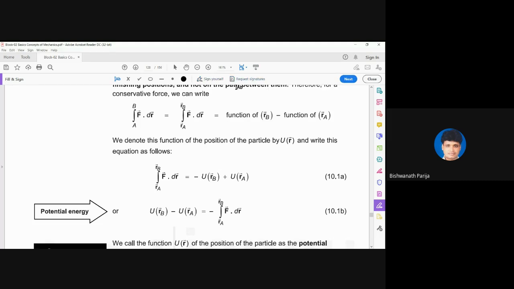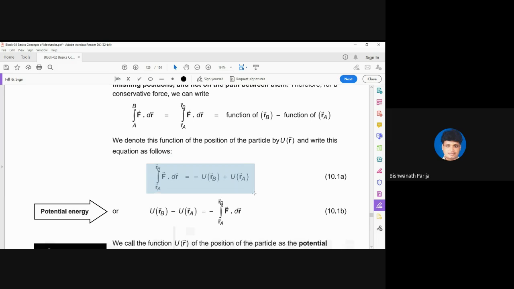You remember this formula. The formula is very, very important. You remember this formula is very, very important.